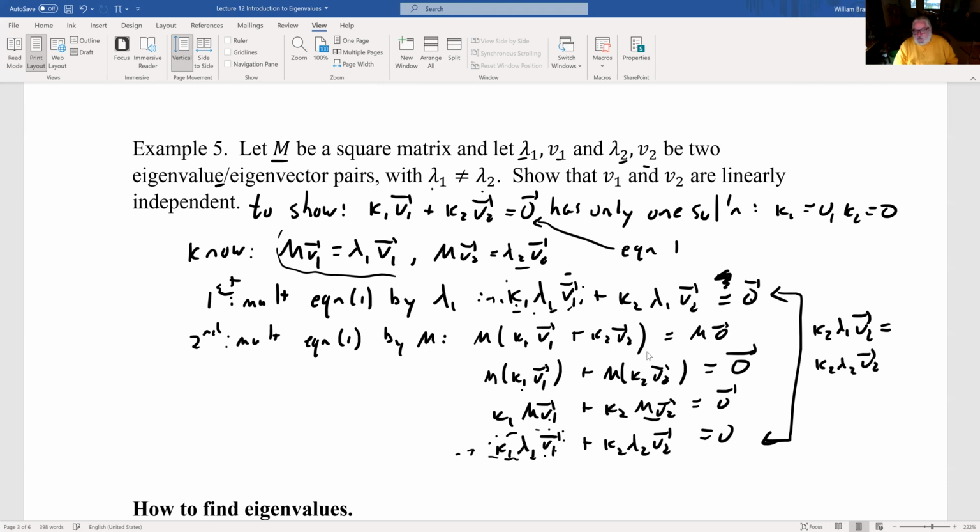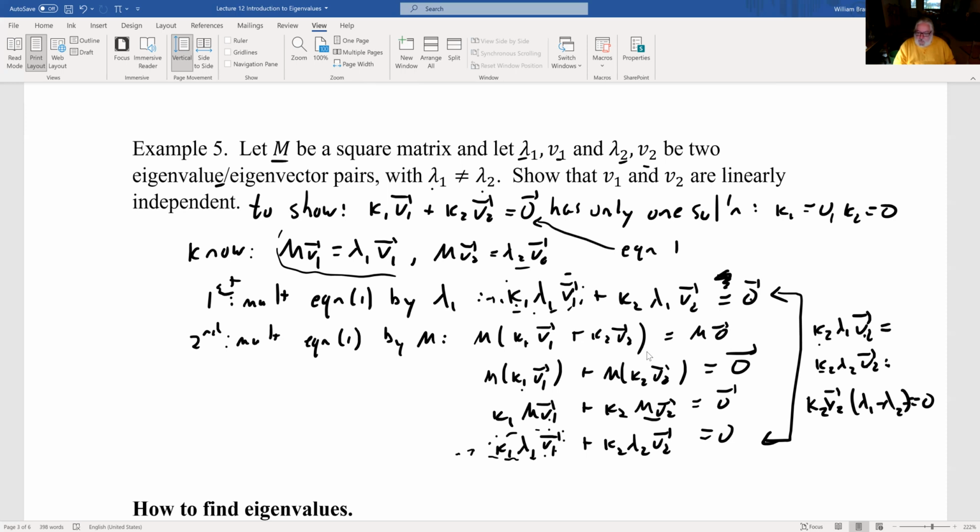Now we would like to do some kind of cancellation here, but we have to be a little bit careful because there are vectors. So instead of canceling, we move this all to one side. Then we get k2 times v2 times (lambda 1 minus lambda 2) equals 0. So subtract this from both sides, and then we pull out the k2 v2.